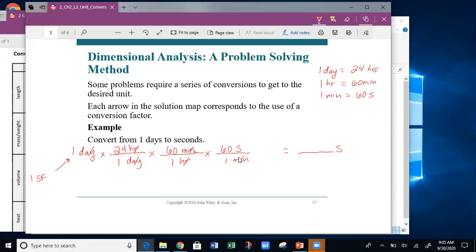Now, since all of these values are on the top, I will multiply straight across. 1 times 24 times 60 times 60. And my calculator says 86,400 seconds.